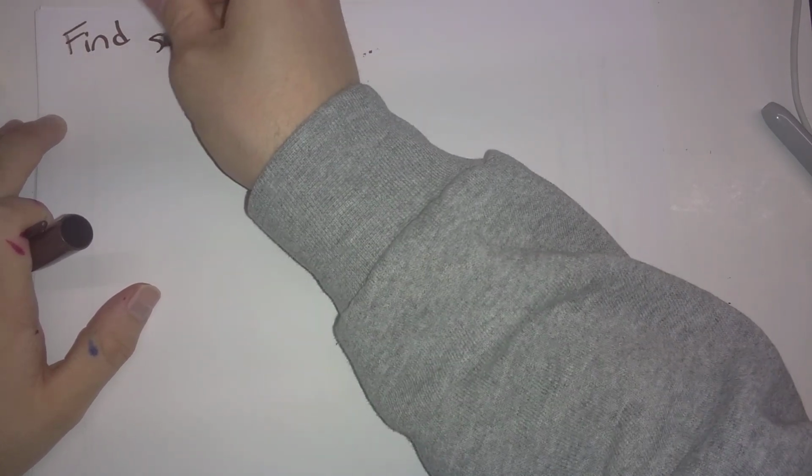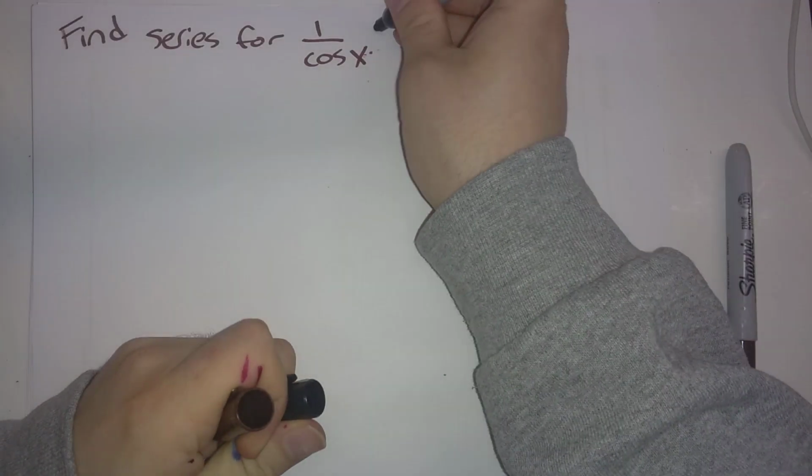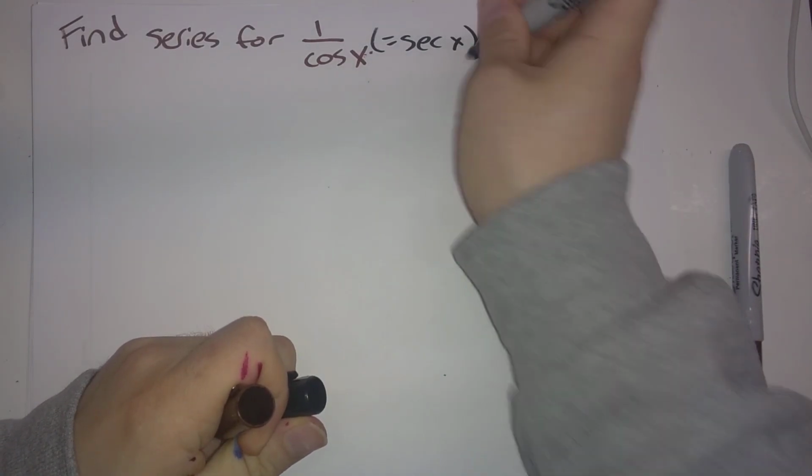So the approach that I'm going to do for the final part here is I am going to find a series for 1 over cosine x, which of course we know that's secant x.